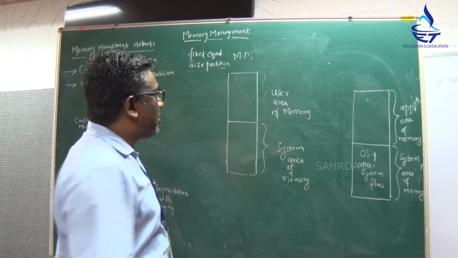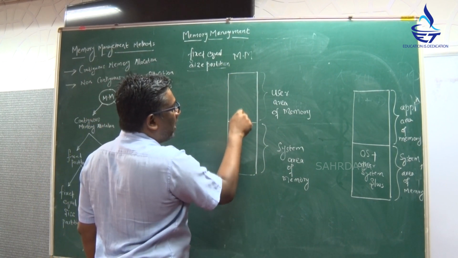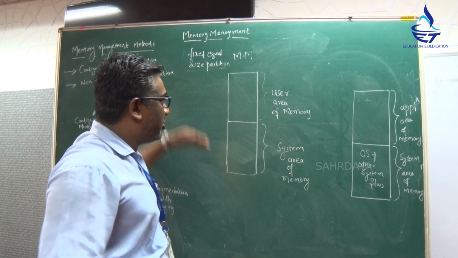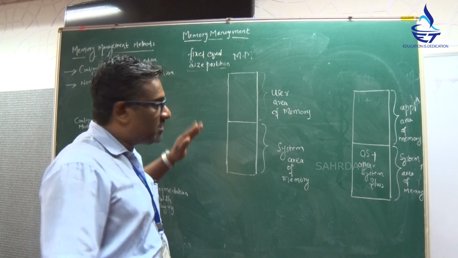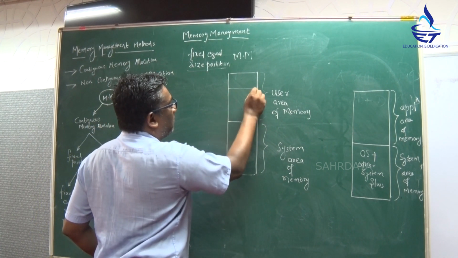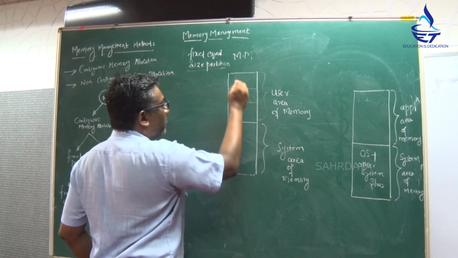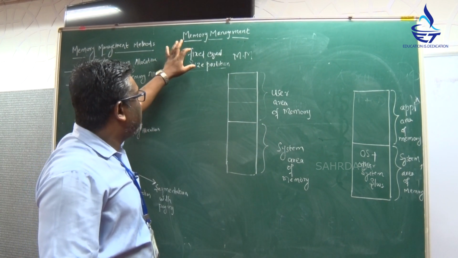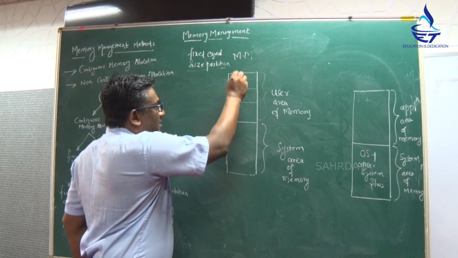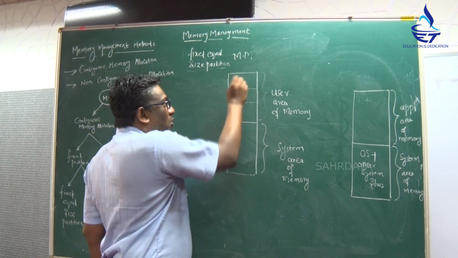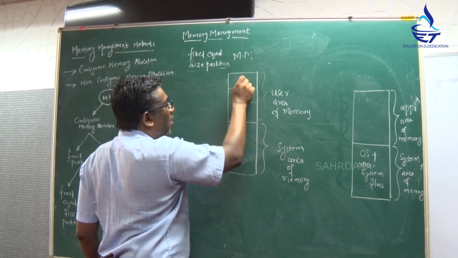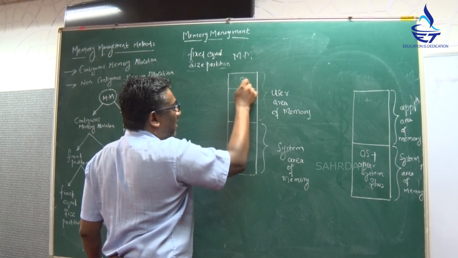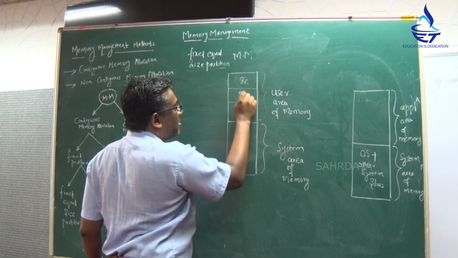In fixed equal size partition, the user area of memory is partitioned into different memory blocks. From the name itself we can understand it is fixed equal size. That means the size of each memory block is the same. Suppose the size of one memory block is 8K, the size of all blocks is the same.